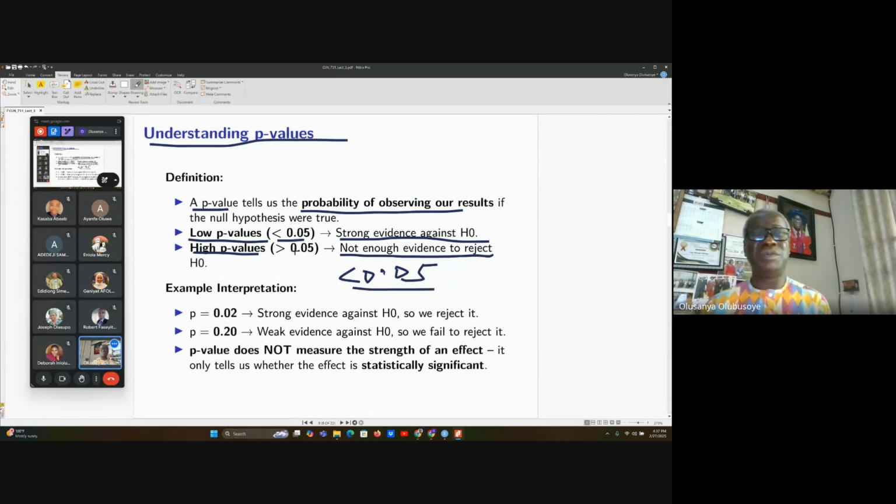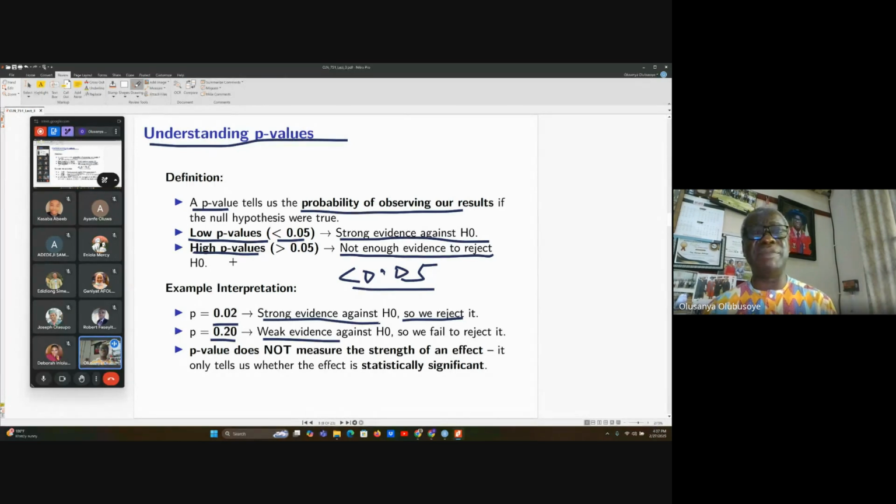For example, if the p-value is 0.02, it's less than 0.05, which means the evidence is strong against the null hypothesis, so we can reject it.